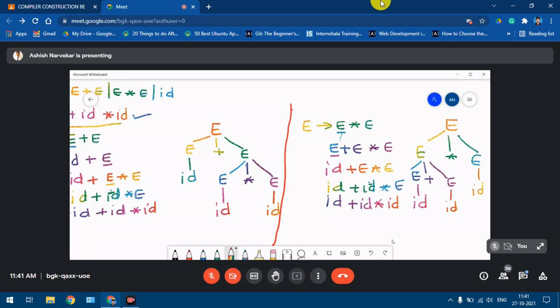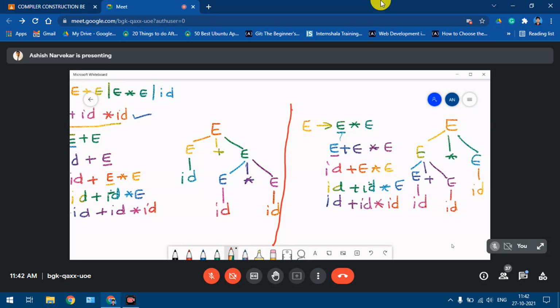Okay. So now, if you all have observed, what we have achieved is that for a particular string, for the given grammar, we have two leftmost derivations or two leftmost parse trees.